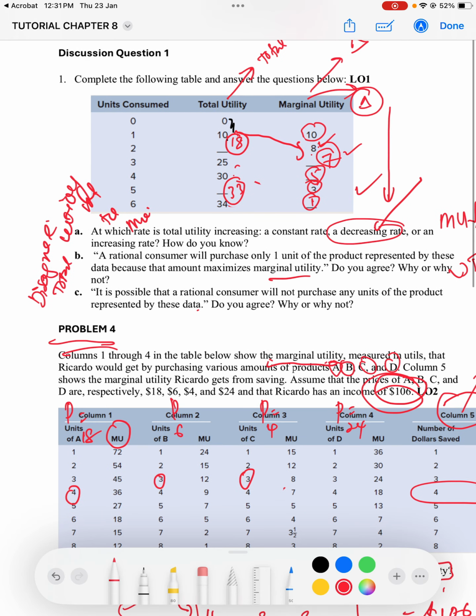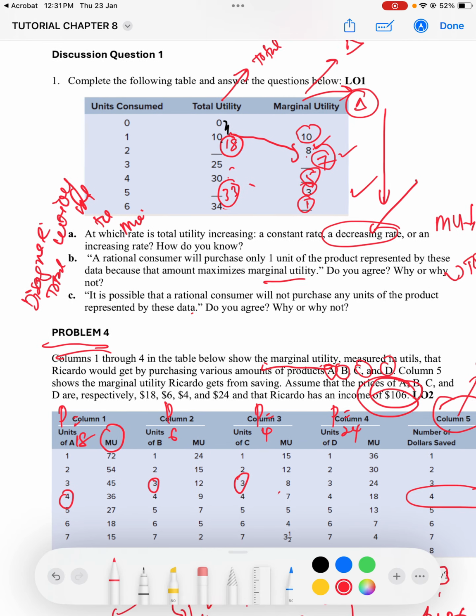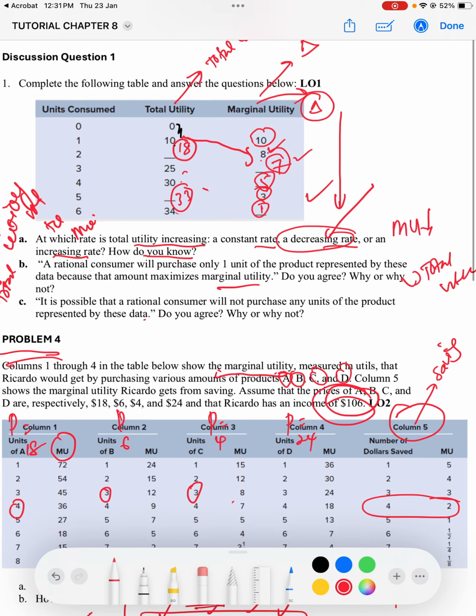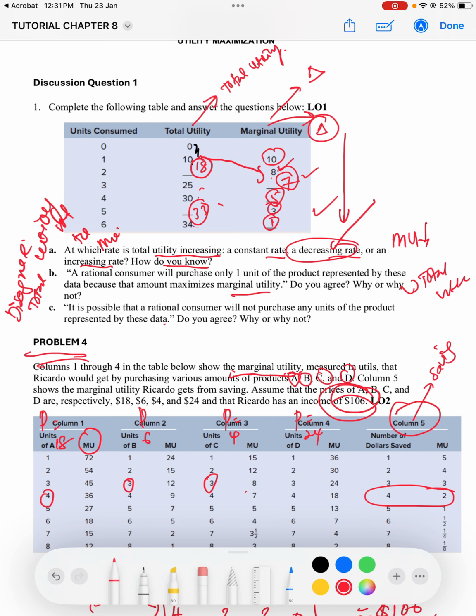Now question number 1 is, at which rate is total utility increasing? A constant rate, a decreasing rate, or an increasing rate? How do you know? As you can see here, the missing total utility data shows a decreasing trend.